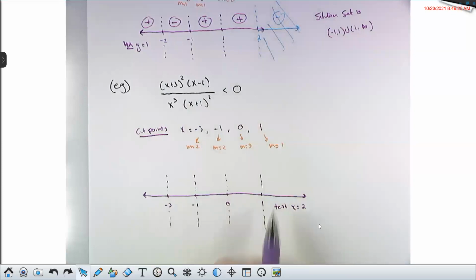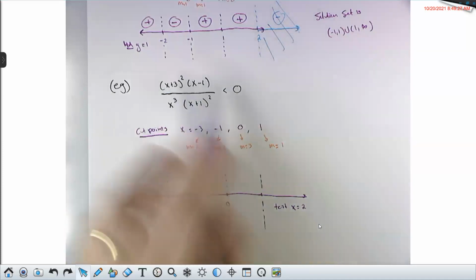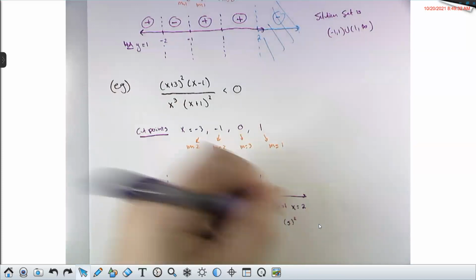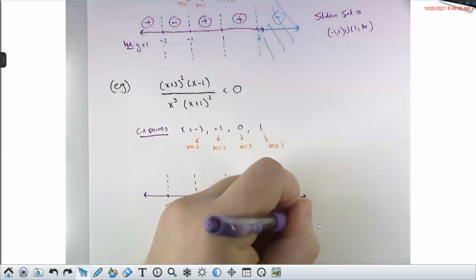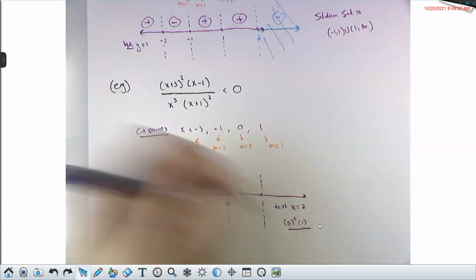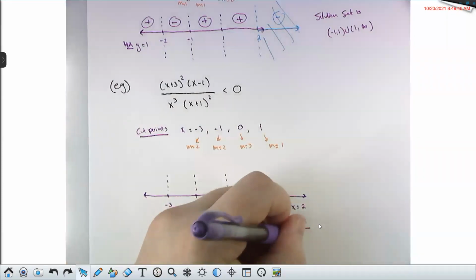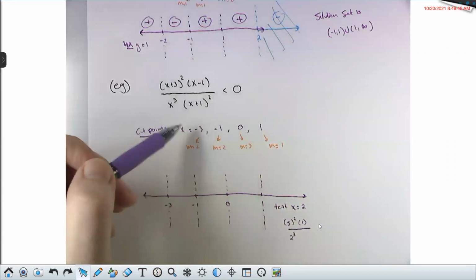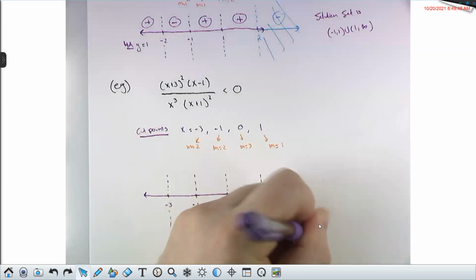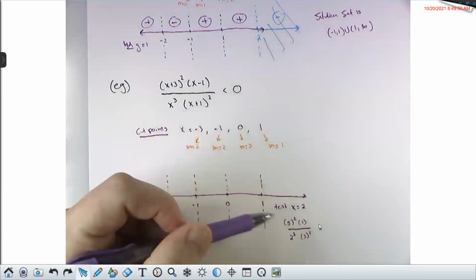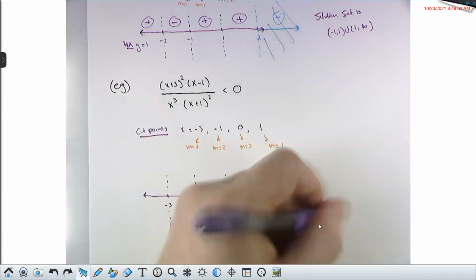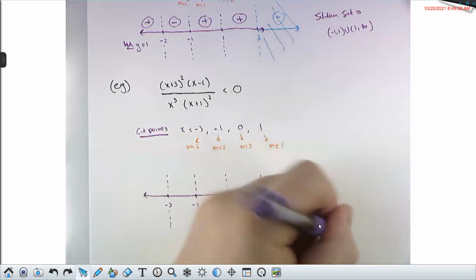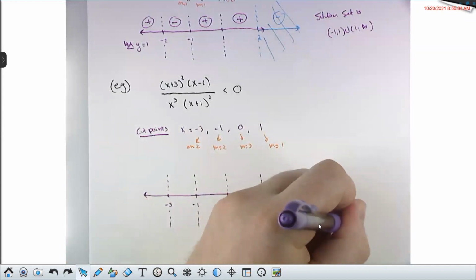If I plug 2, which is in this region, into this apparatus, I get 2 + 3 all squared, which is 5 squared, times 2 - 1 is 1, divided by 2 cubed times 2 + 1 all squared, which is 3 squared. So every piece here is positive, right? The top is 25, the bottom is 8 times 9, which is 72, which is positive.